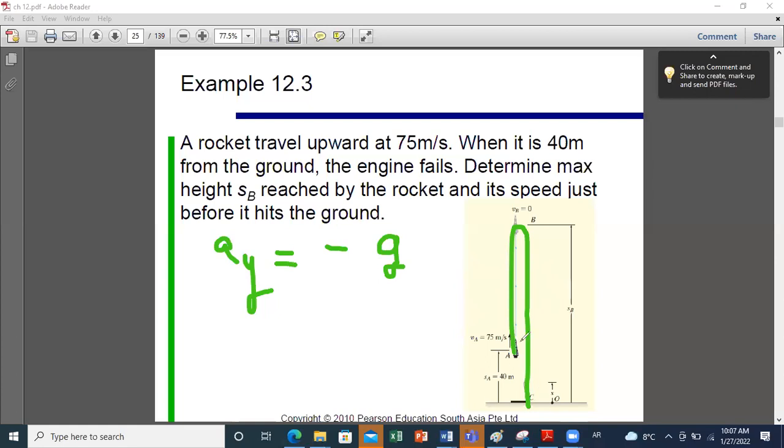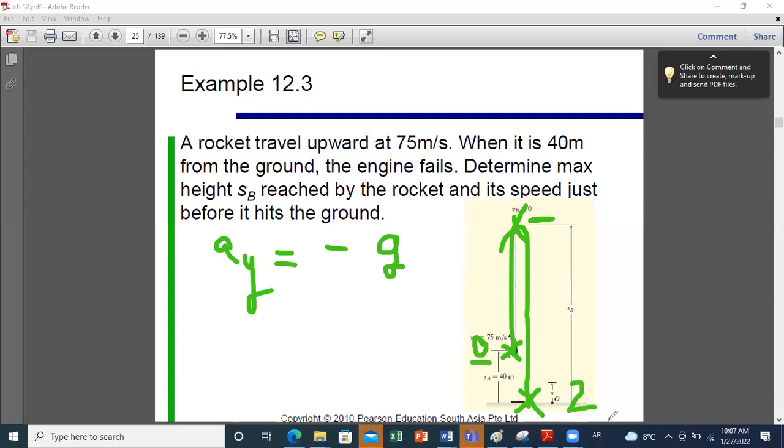I can apply it between the initial point and the final point of interest, or between B and the point of interest. Both will give me the same result. But to not rely on my calculation at B, it's better to select this point. So I will apply it between point 0 and point 2.